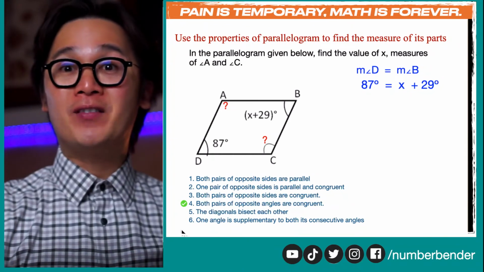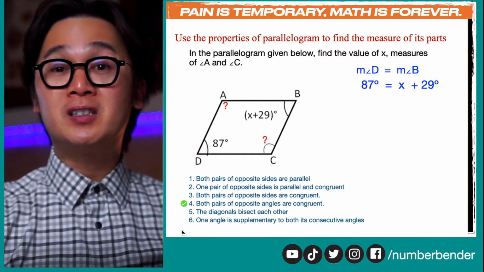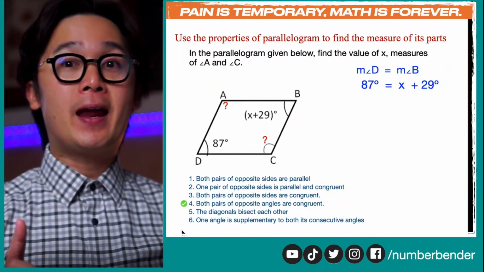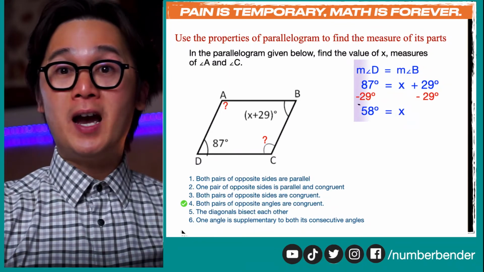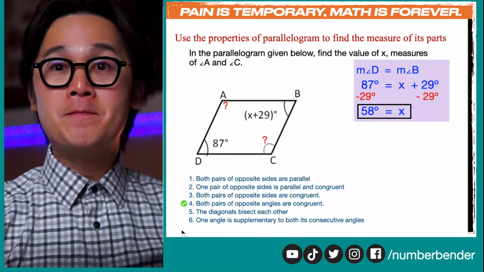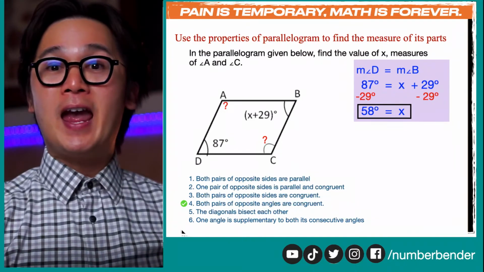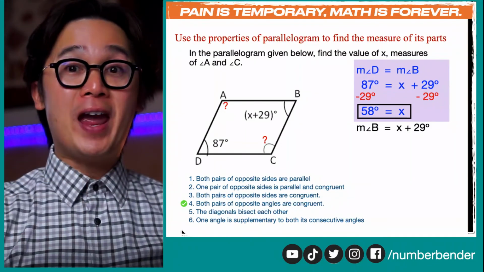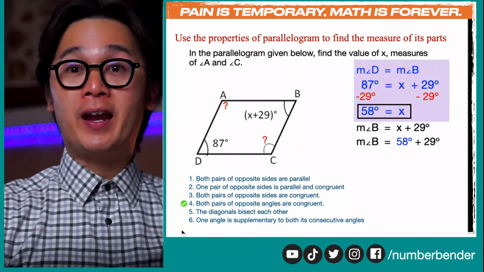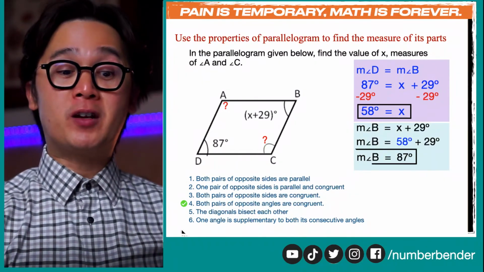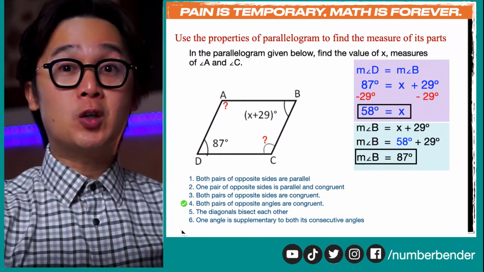So we have 87 degrees, which is the measurement of angle D, equal to x plus 29, which is the expression representing angle B. By using algebra, we can subtract 29 on both sides, and x is going to be 58 degrees. And since x is 58 degrees, replacing x with 58 in x plus 29, we can see that the measurement of angle B is indeed 87 degrees because they are congruent.